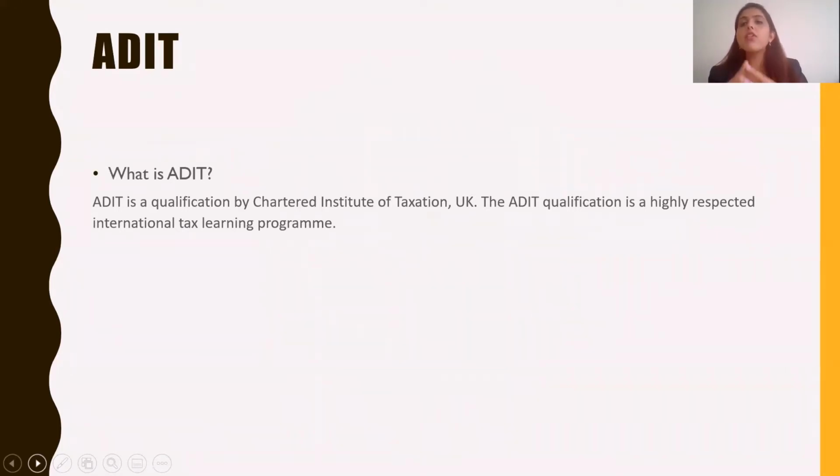Here you get comprehensive information about international taxation and transfer pricing.